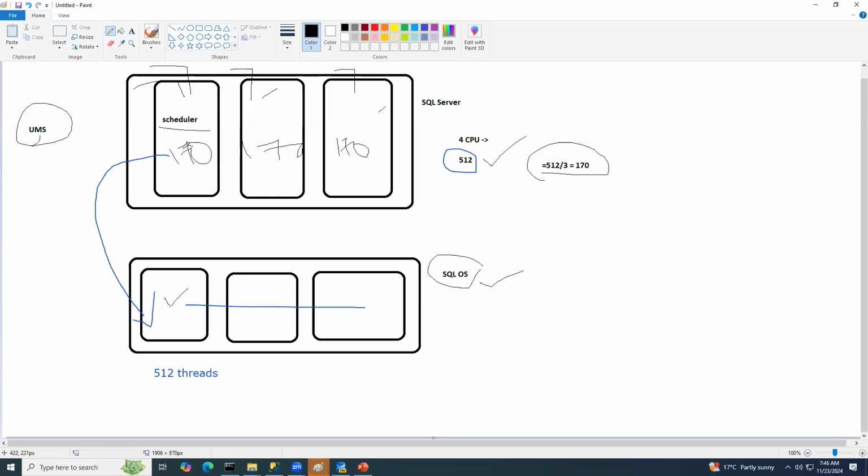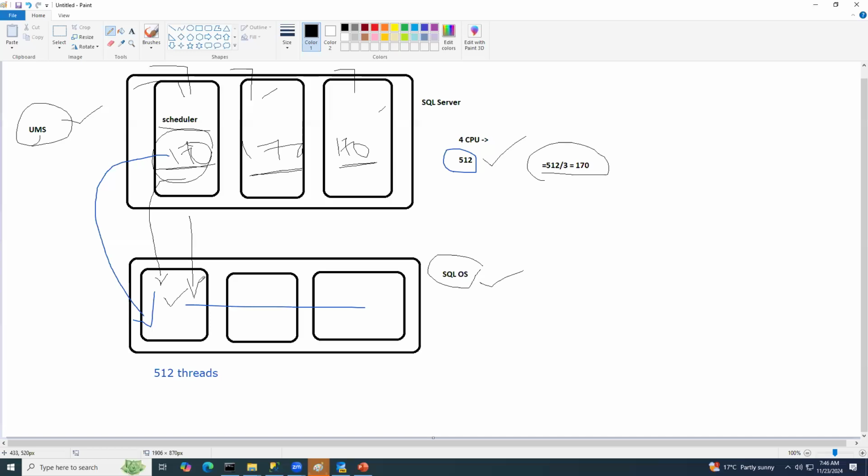Out of these 170 threads or tasks, the scheduler will not allow all threads to execute on the CPU. Earlier, without UMS, all 170 would go ahead and wait on the CPU itself. That caused the CPU spike.